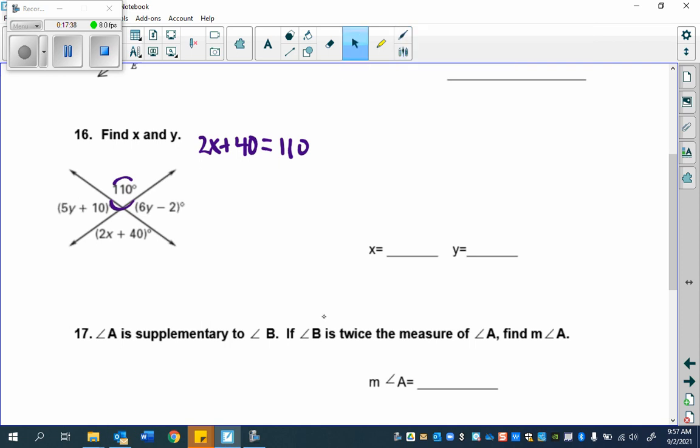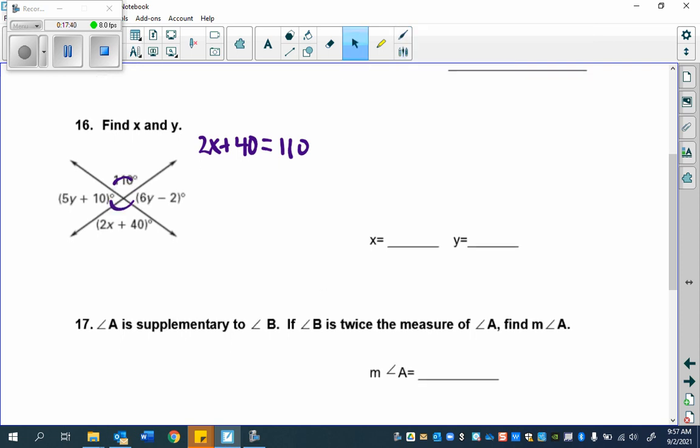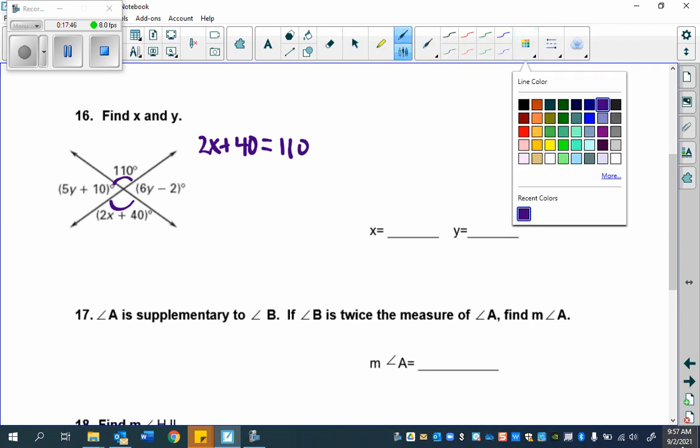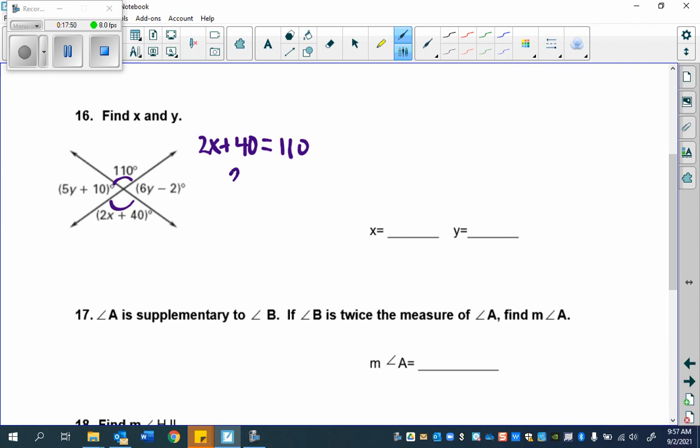Shift this back to where it belongs. There we go. My sensitive board keeps dancing around on me. So we'll subtract 40 from each side, and we get 2x is equal to 70. Divide each side by 2, and I get x is equal to 35.